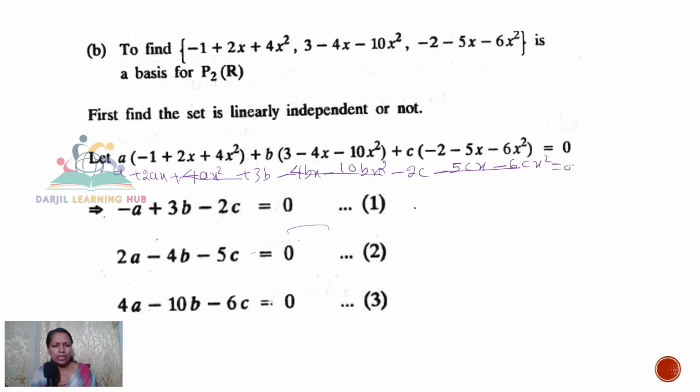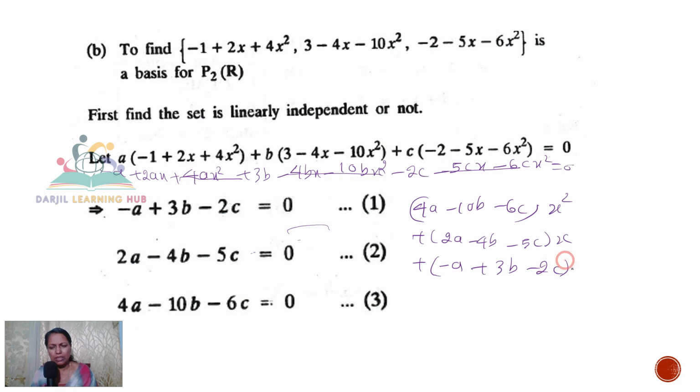Then we can write similarly the x square term, x term: 4a minus 10b minus 6c into x square, plus the x term where 2a minus 4b minus 5c into x, and the constant term where minus a plus 3b minus 2c equal to 0.